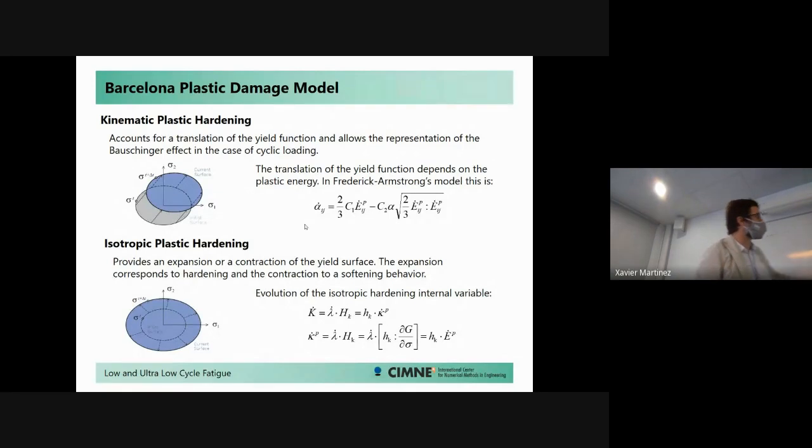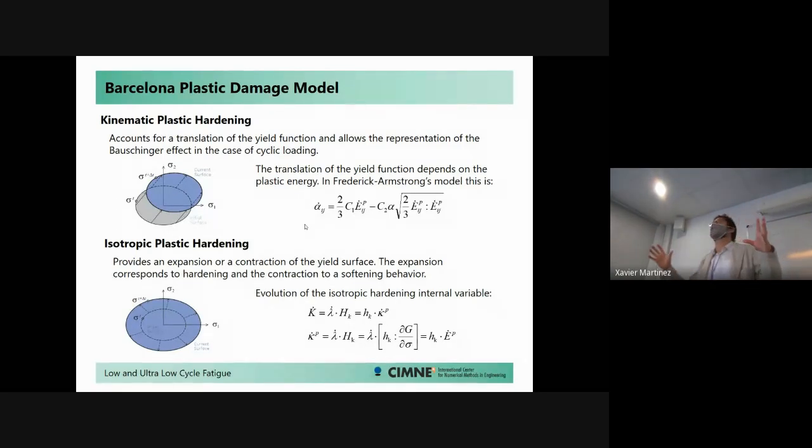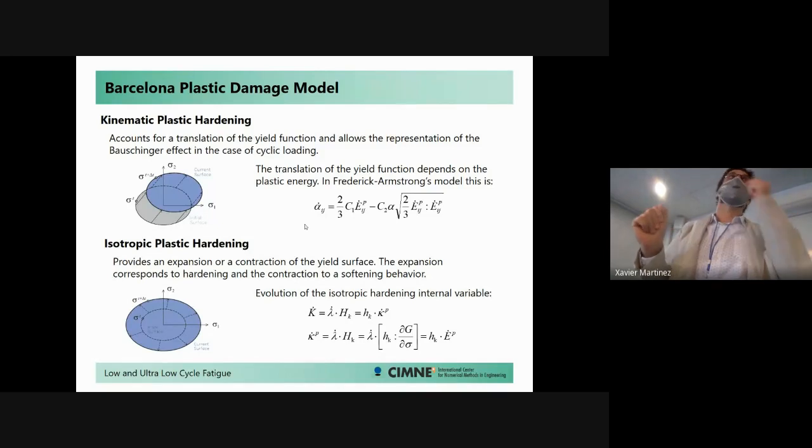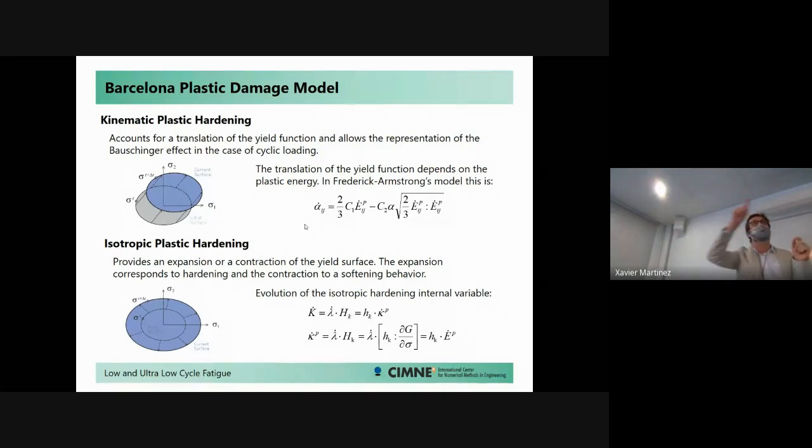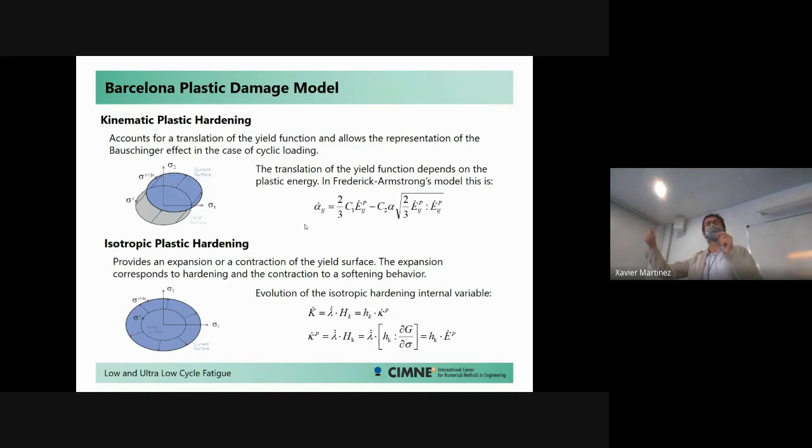And then the isotropic plastic hardening changes the size of the yield surface. If you have perfect plasticity, you have your elastic branch, and then perfect plasticity just gives you a constant stress as the plastic strains increase. This surface is maintained fixed.